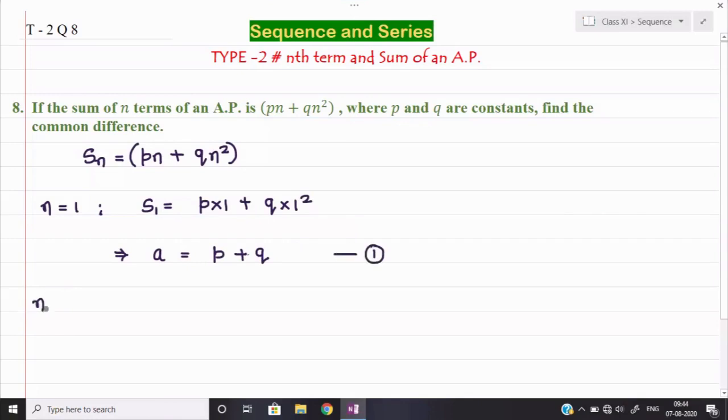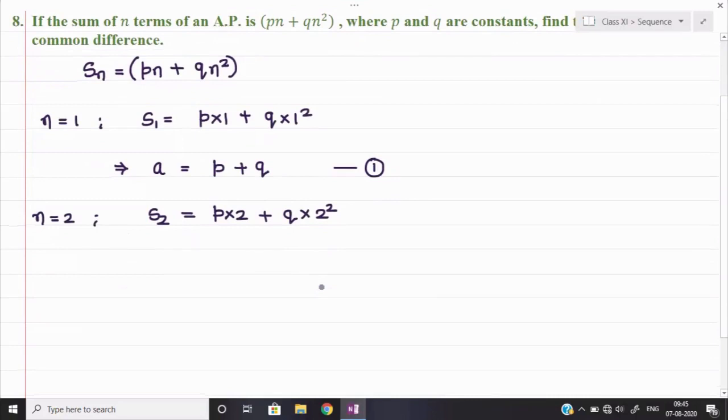Now let us put the value of n equal to 2. So S2 will be equal to P into 2 plus Q into square of 2. Now S2 means the sum up to two terms, so S2 we can write as a1 plus a2. The sum up to two terms means the two terms we need to add. So the first two terms will be a1 and a2. And if we simplify the right hand side, it will be 2P plus 4Q.